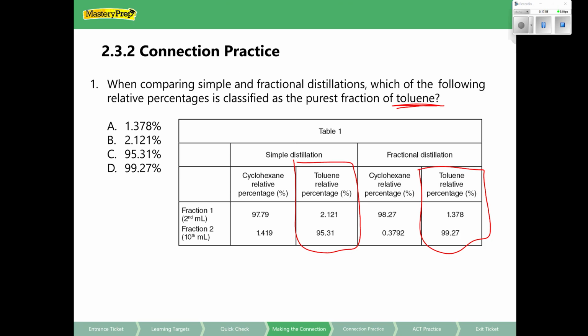Is there any other information they gave us in the question? So when comparing simple and fractional, we have both. Which of the following relative percentages is classified as the purest fraction of toluene? So we'll only look at the last portion, because the things are simply in the fractional. So we split it. So we just look at one side.